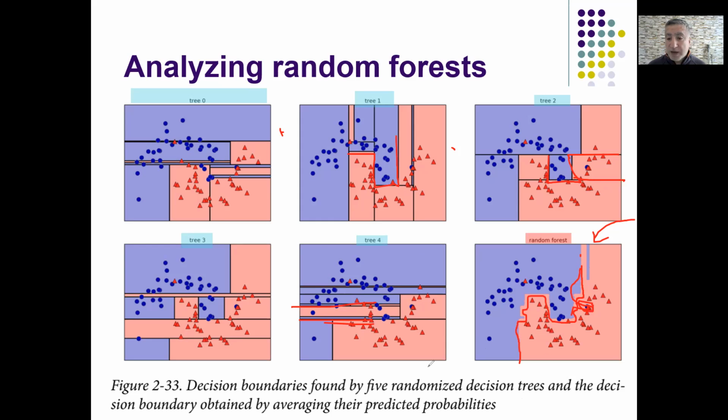Therefore, by your eyes, you can see that by creating different random trees, here 5 random trees, when you put the results together, you have a smooth boundary here. So it means that your model can fit the data better than each of them separately. When you put all of them together, you have a better solution to the problem.